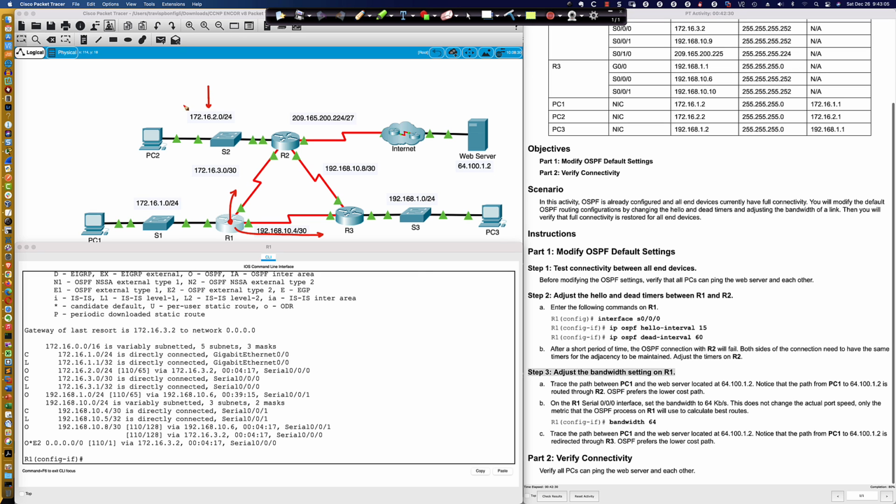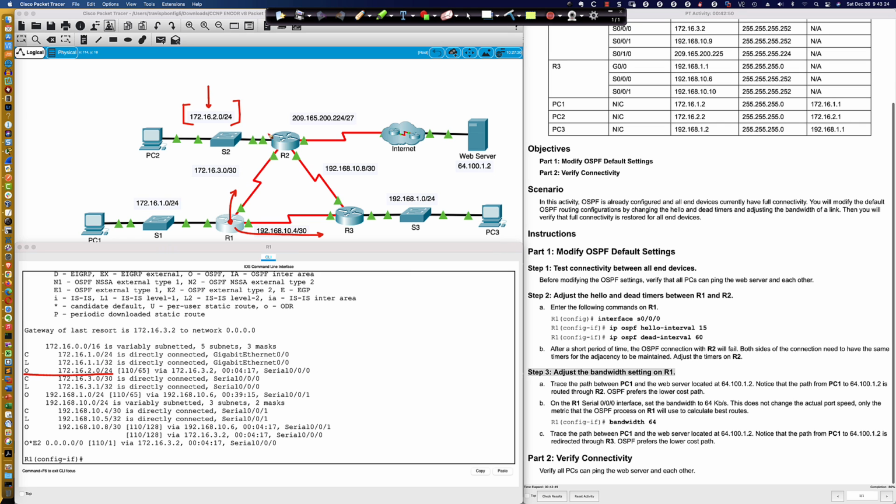So we look at this network here, 172.16.2.0/24. Do I have an OSPF learned route? I do. There it is right there, the O, and it is an intra-area route. There is no O IA here.